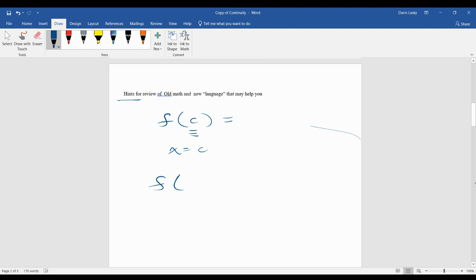Don't forget, f of 4 is equal to some y value. When I plug in an x, so x equals 4, it's going to give me out some y value. Other than that, we already talked about as the limit approaches, but just watch the terminology. Remember that this here is literally the input side, and this is the output side. Hopefully that helps you a little bit.